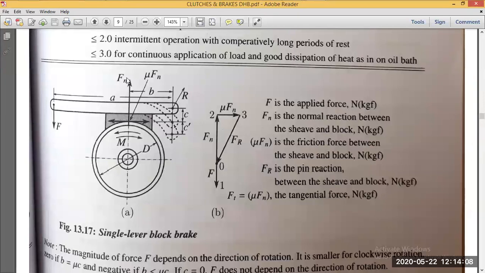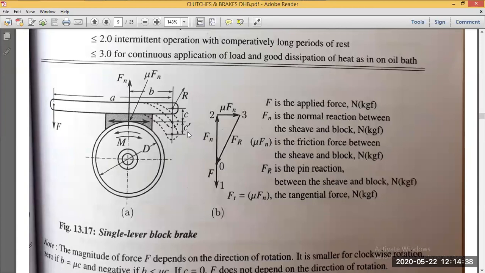The normal reaction you have in the upward direction, and perpendicular to that you have mu times Fn, which is nothing but the tangential force, where mu is the coefficient of friction. And the pin reaction Fr will be acting here. This is a pin reaction because this is pivoted at this point.